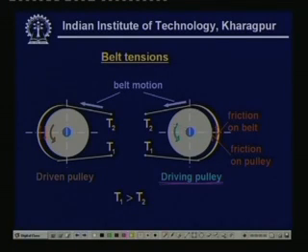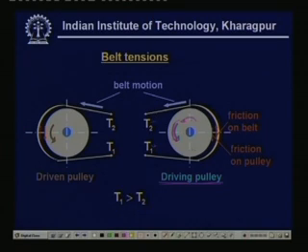That means this pulley is attached to a prime mover or some machine which is giving motion to this pulley, some motor or some IC engine or something like that, which is giving power to this particular pulley. And the belt has tensions, namely T1 and the other one is T2.